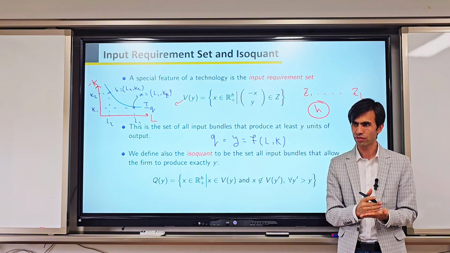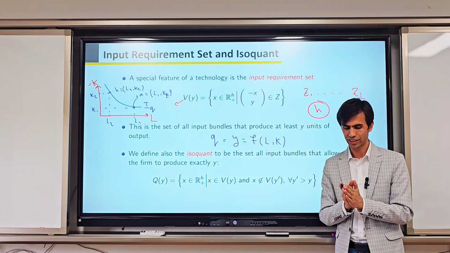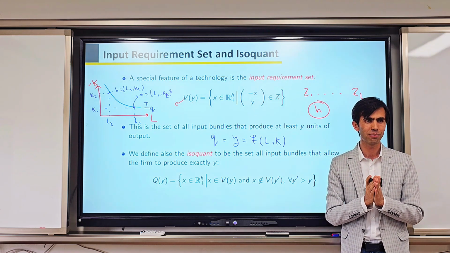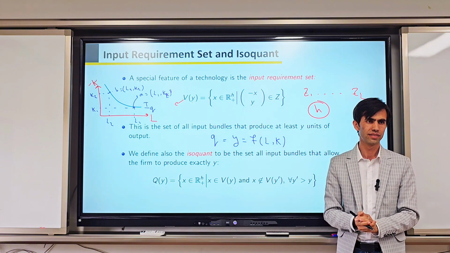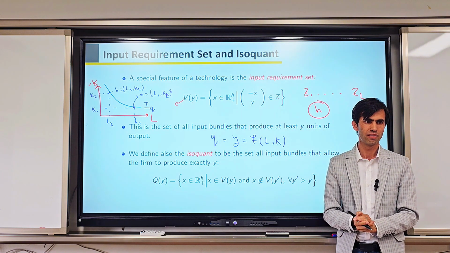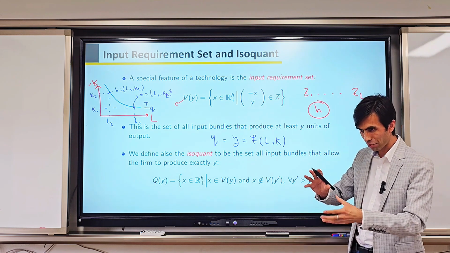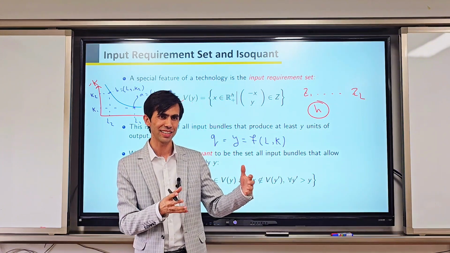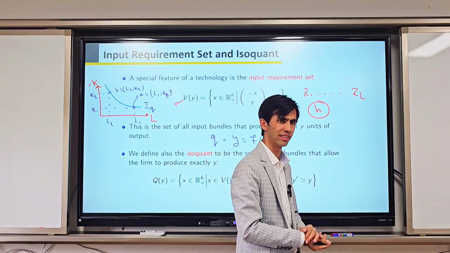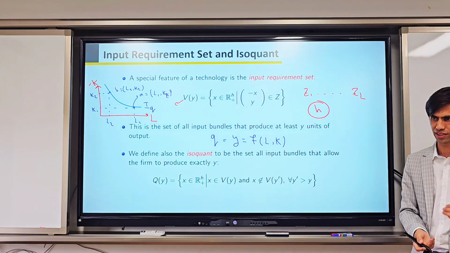But in consumer theory, we have all the combinations of goods and services that produce exactly the same amount of utility. What was that? Yes, it's the indifference curve.